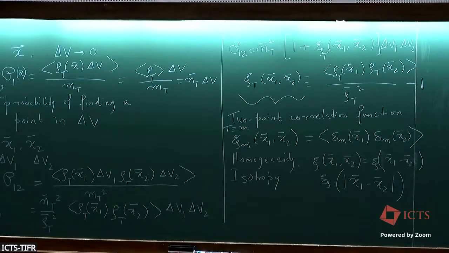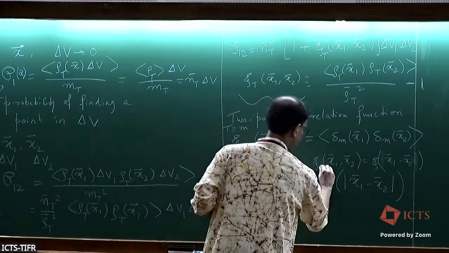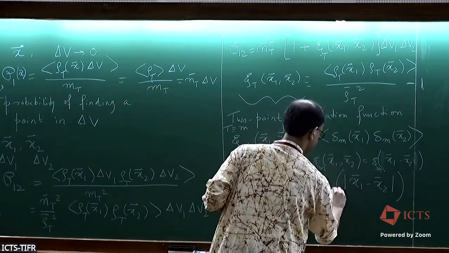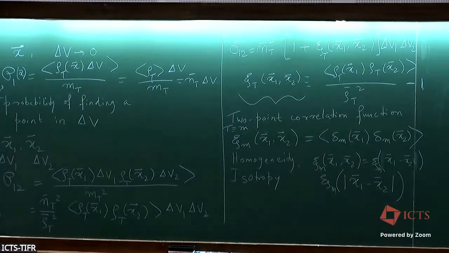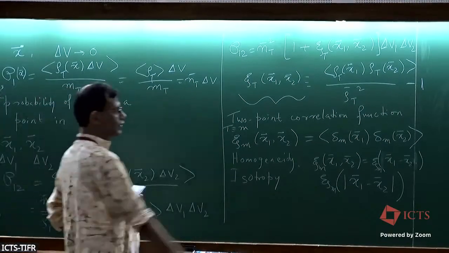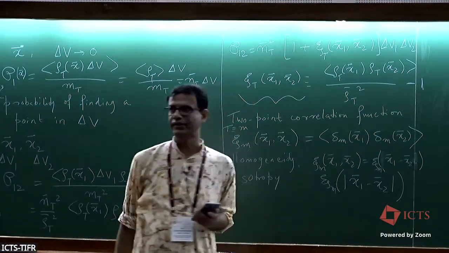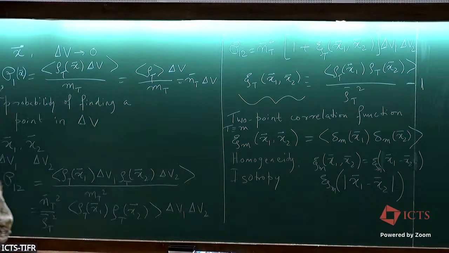This is going to be an extremely important quantity in our lectures. It is very important in cosmology because this is measured. And you can see this is something which directly connects to the fluctuations in our universe. Secondly, it connects to scales.